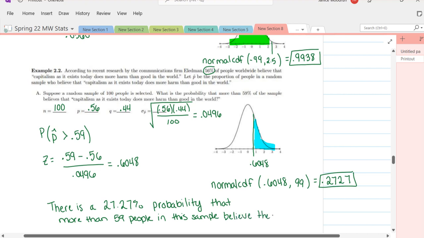I'm just going to write the statement. I'm not going to write the whole thing out. Just as a best practice, if you were to take the AP test and you did all of this and didn't write this all out, you wouldn't get full credit.